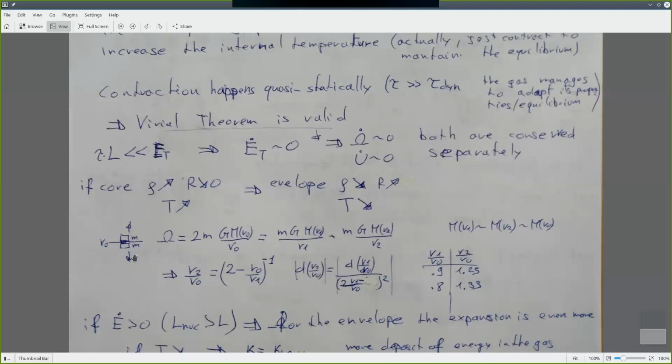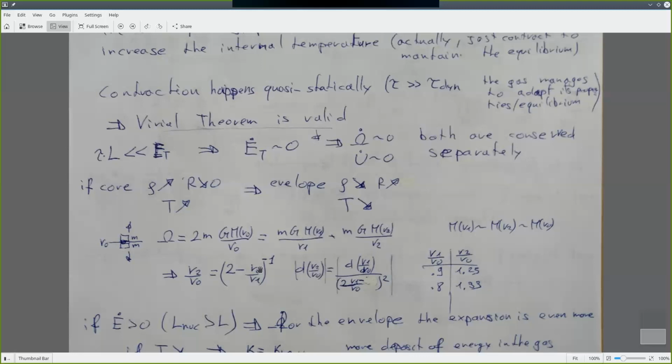So if one goes down, the other goes up, and this is okay. This here will be 1, but this means you can see if the first decreases 10%, the other increases a little more, of 0.25.